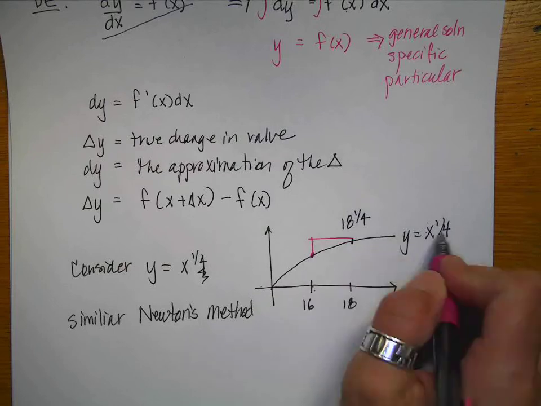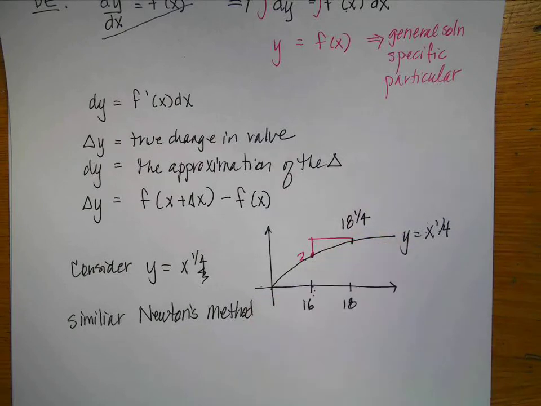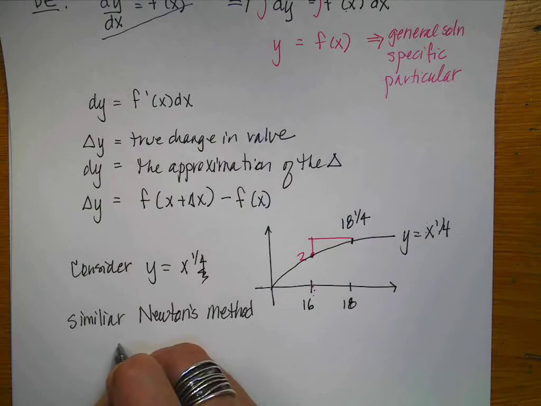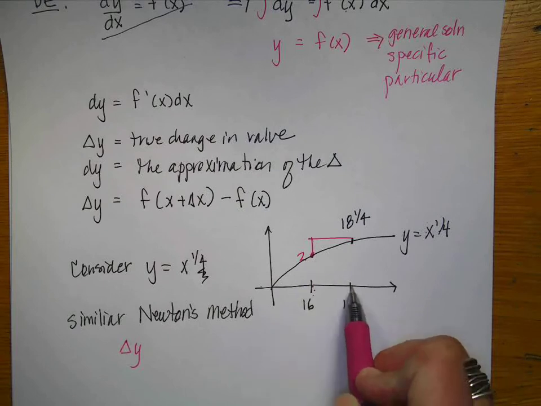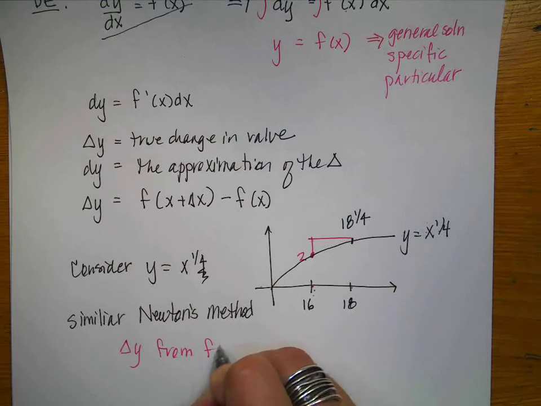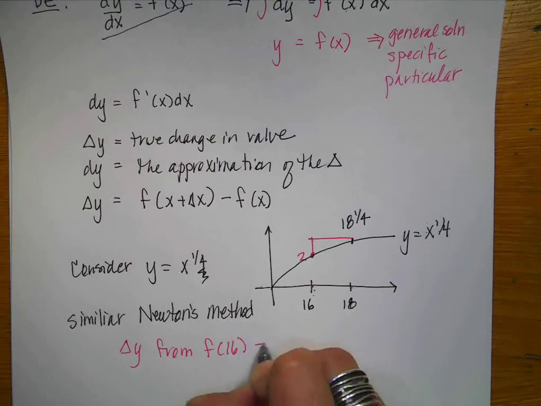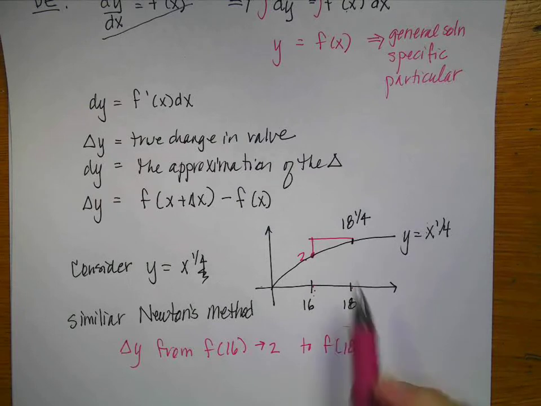So if I do the 4th root of 16, I get that that is 2, okay? So I'm going to say that my delta y, the change in y from 16 to 18, is going to be 2. So f of 16 is going to be 2, okay, to get to f of 18.